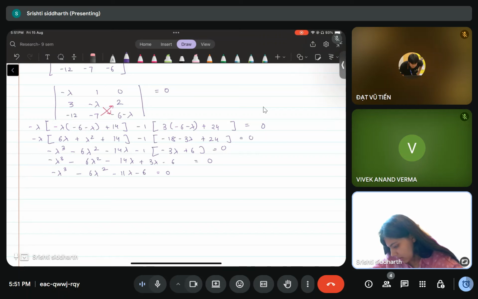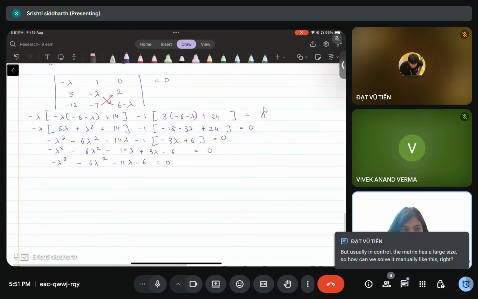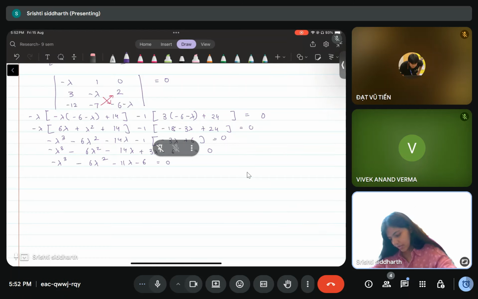See if this is correct. Yeah, that's true. So you can always use solvers. That's fine.